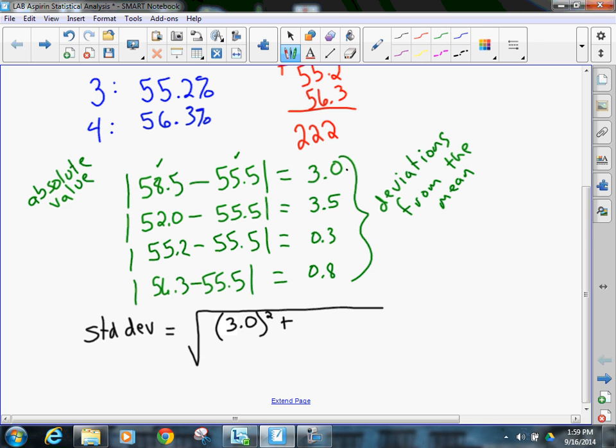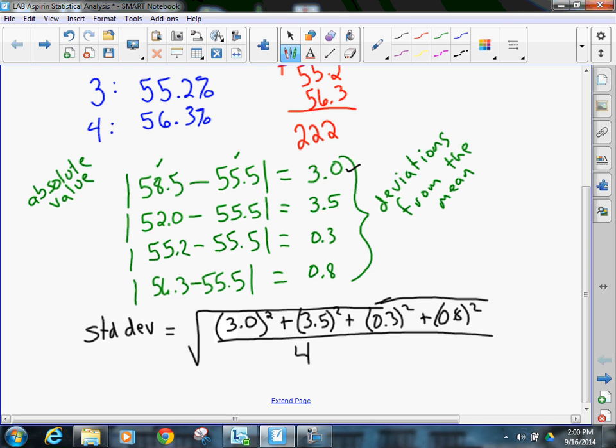So I'm taking this first deviation, I squared it, I'm adding it to the second deviation from the mean, squared. I'm going to add that to the third deviation from the mean, squared. And then I'm going to add that to the last one. So I'm squaring all the deviations from the mean and adding them. And I'm going to divide that by the number of trials minus 1. So that's your formula for the standard deviation.